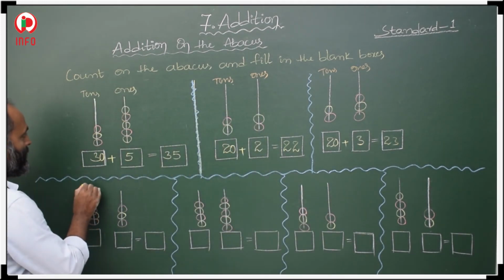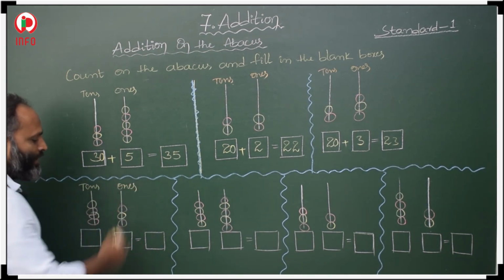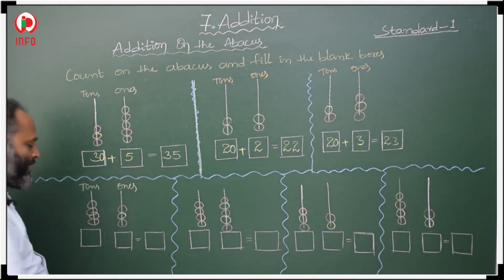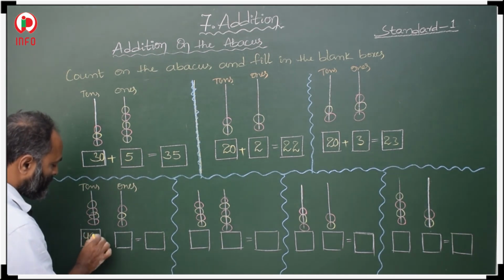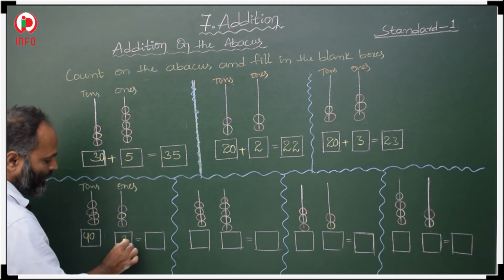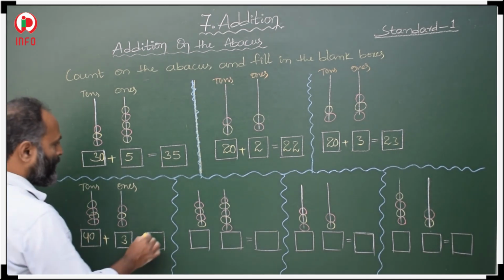This is our tens, these are ones. How many tens are there here? 1, 2, 3, 4. 4 tens means 40. And how many ones are there? 1, 2, 3. 3 ones. 40 plus 3, 43.